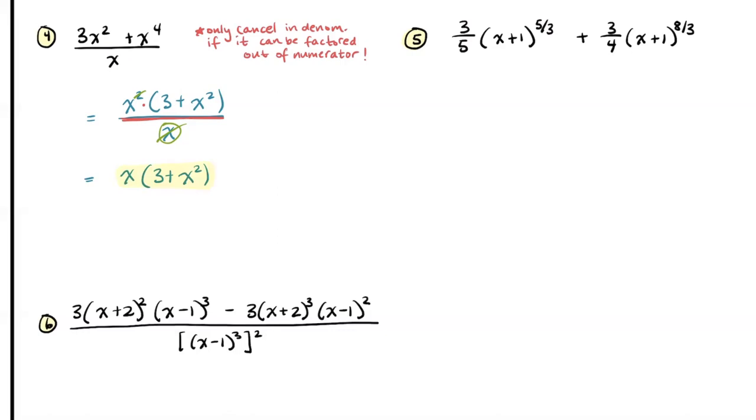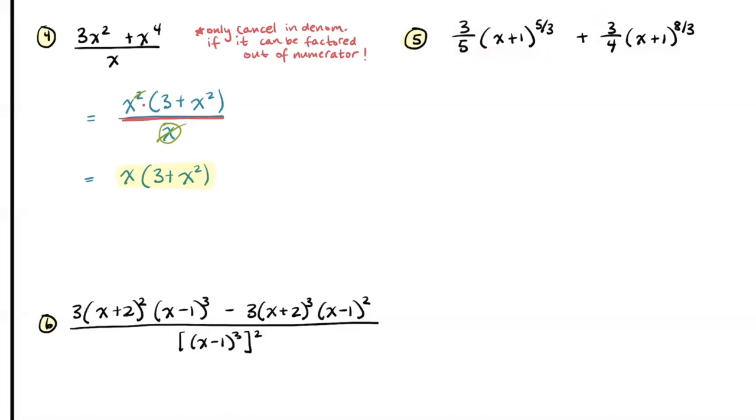There are a couple things that are sort of different and maybe a little intimidating here. One of those things is that we have these coefficients that are fractions. Another thing is that instead of x to the 5/3, we've got x plus 1 to the 5/3. Same thing over here. Instead of x to the 8/3, we've got x plus 1 to the 8/3.